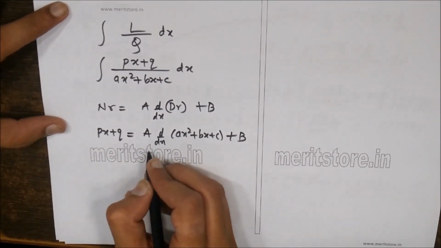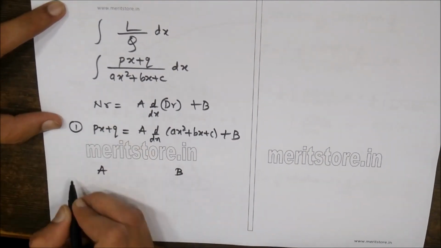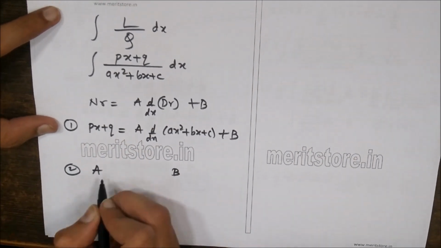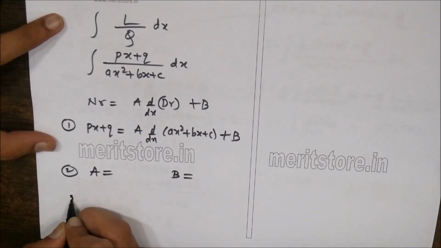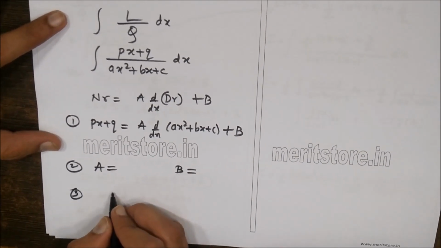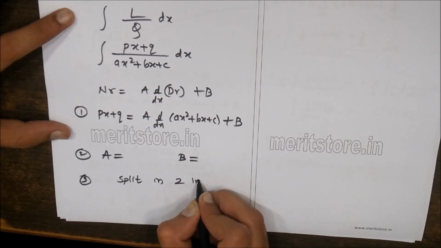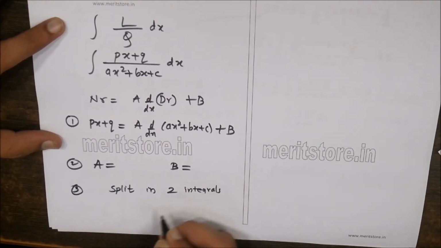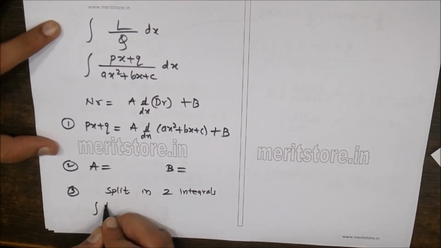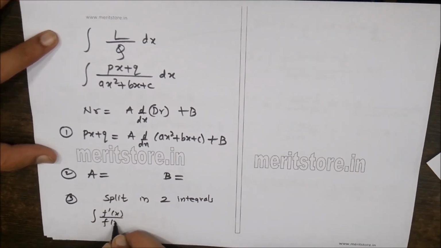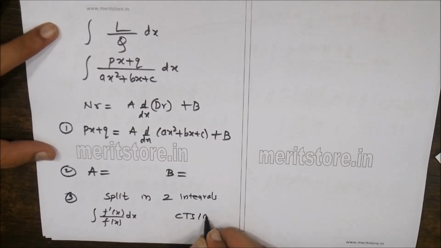Next step, from this we will derive a and b, will be our step 2. Once we get a and b, we'll substitute in the sum and we will split in two integrals, in which one category will always be of the category integral of f dash of x upon f of x dx, and the other part will always be CTS type A.